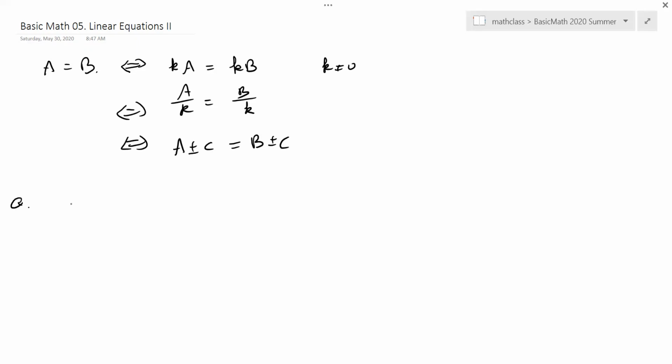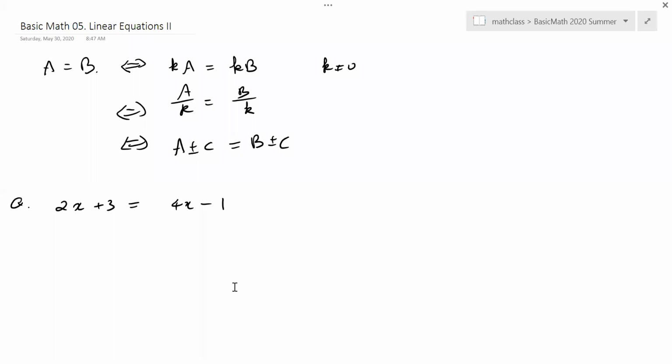So for example, 2x plus 3 equals 4x minus 1. To solve the problem, the idea is that one side only contains x, and the other side only contains a constant.